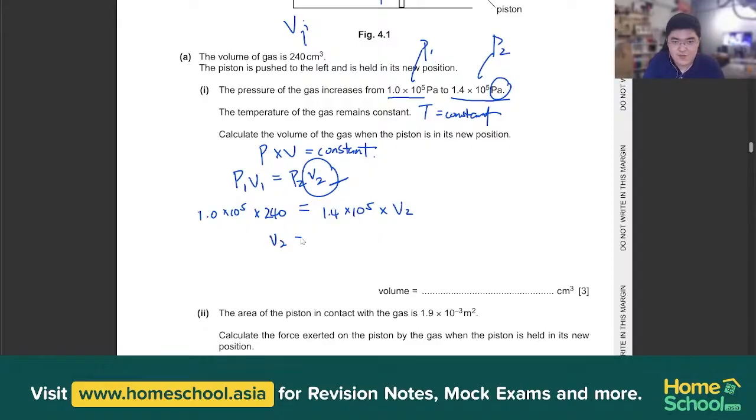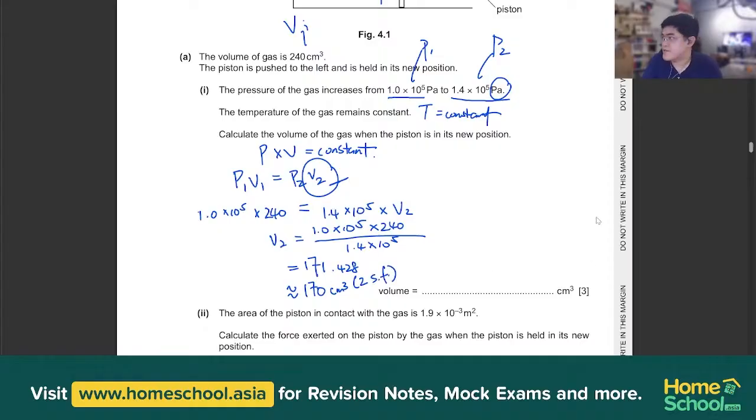Then we get V2 equals 1.0 times 10 to the power of 5 times 240 divided by 1.4 times 10 to the power of 5. Now we do the mathematics, and we get 171.428. As per usual, let's convert this into two significant figures, which is 170 cm cube.